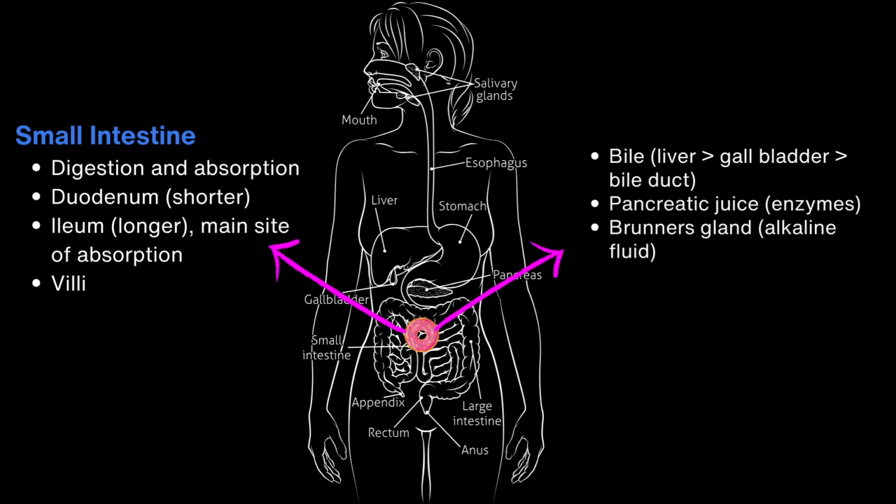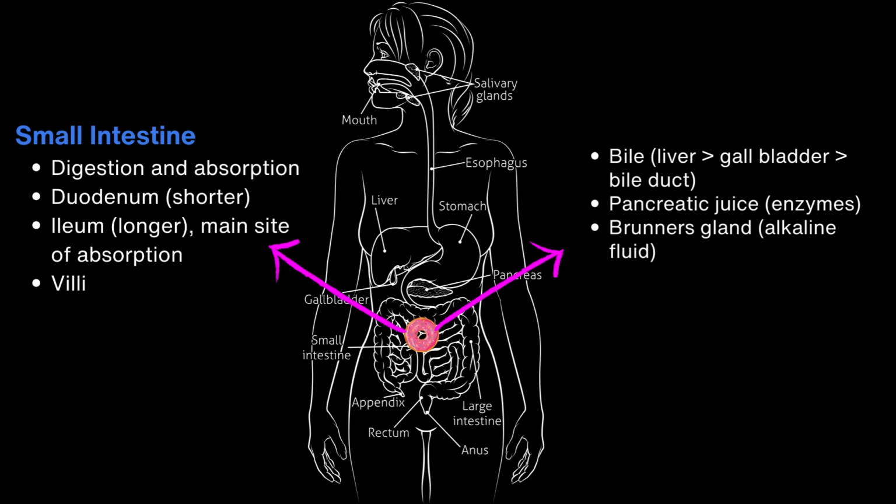Also, part of what's inside the small intestine is bile, which helps with the breakdown of fat. Bile is produced in the liver, stored in the gallbladder, and travels down the bile duct towards the duodenum.